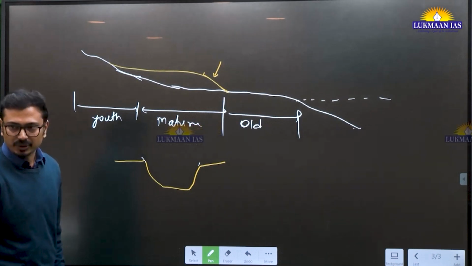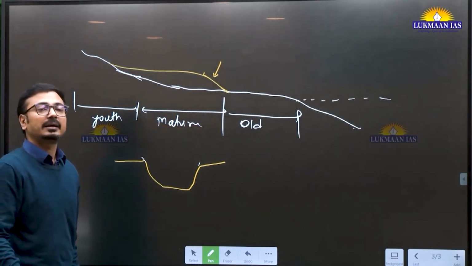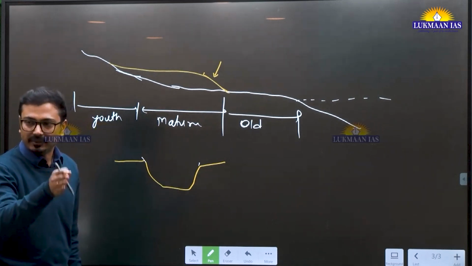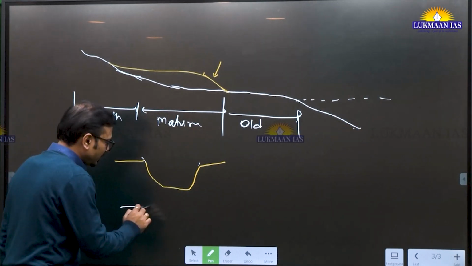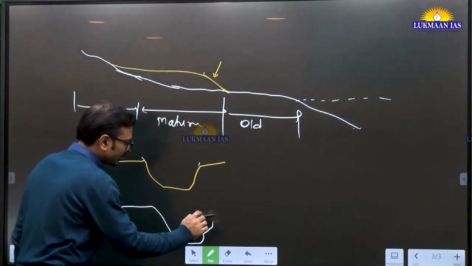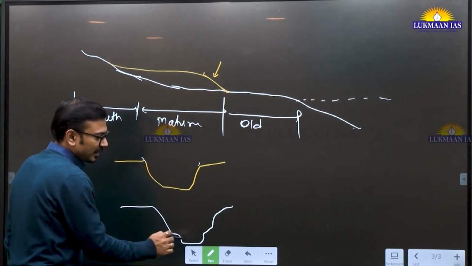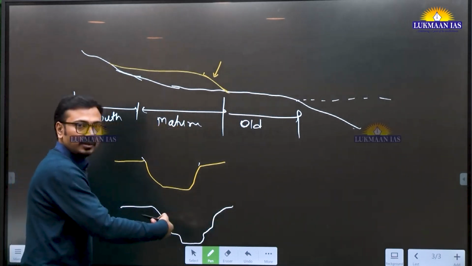There is going to be active vertical erosion, and because of that there will be active valley deepening. Okay, what will vertical erosion lead to? Valley deepening. Now this will look like this. Why? Because vertical erosion is more prominent as compared to lateral erosion.